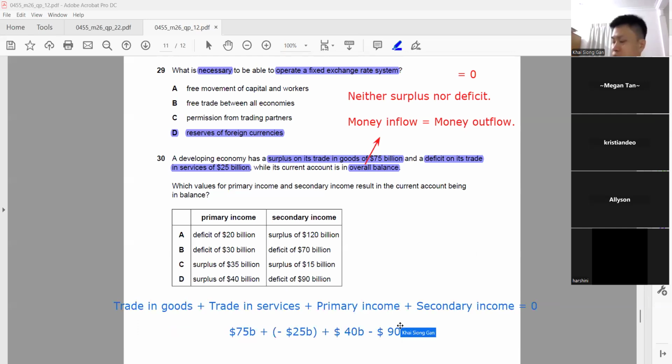Equals zero. Answer is donkey. Okay, donkey.